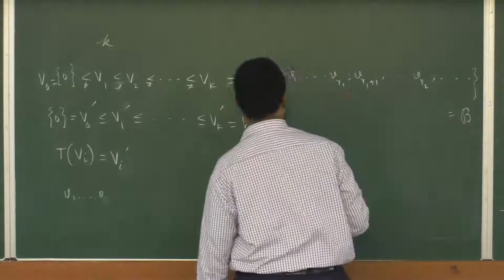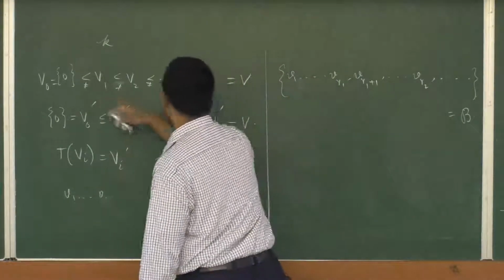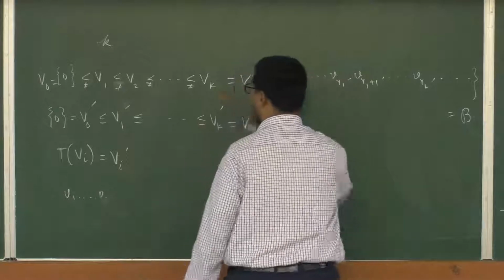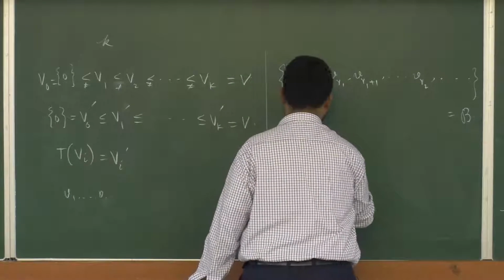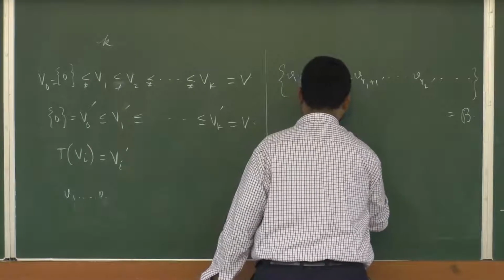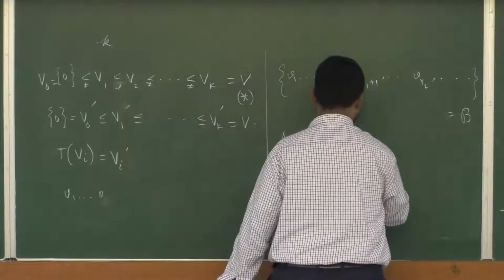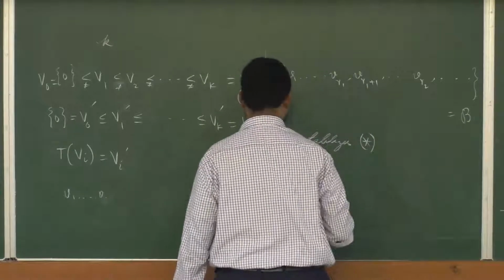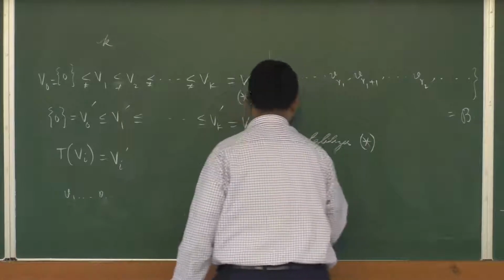Let's denote this basis by B, and let A stabilize this flag. Then what is going to be the matrix of A with respect to this B?